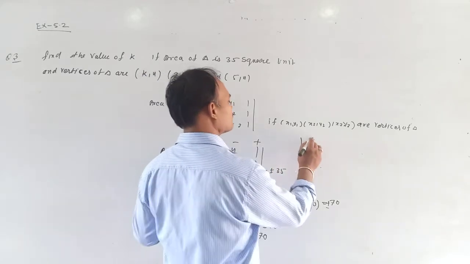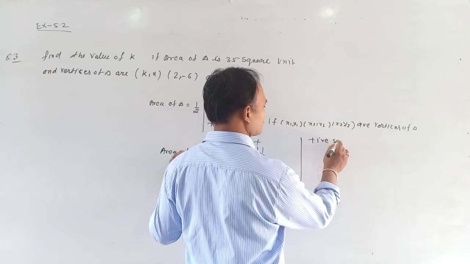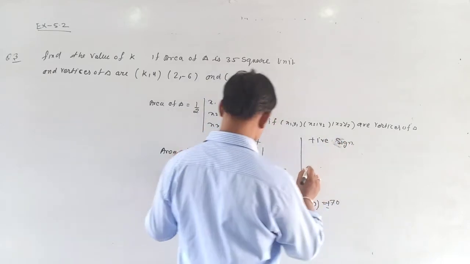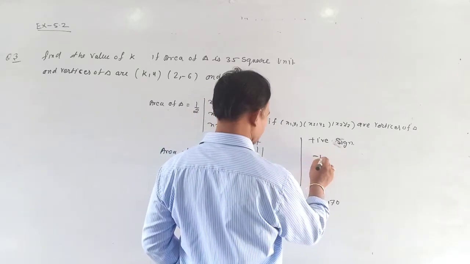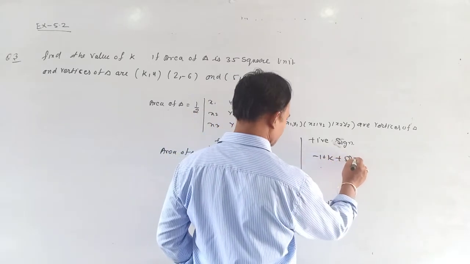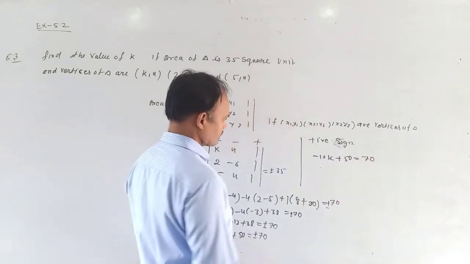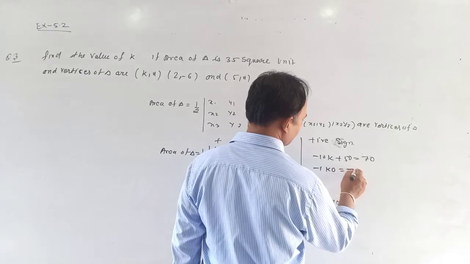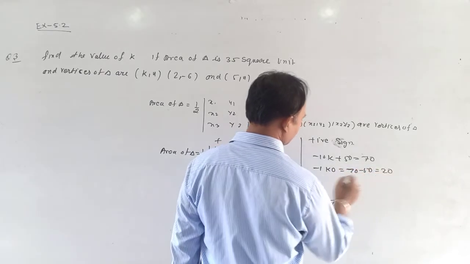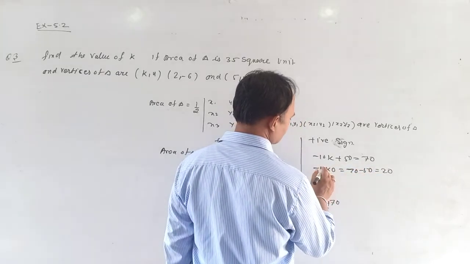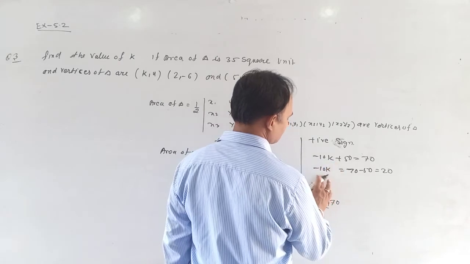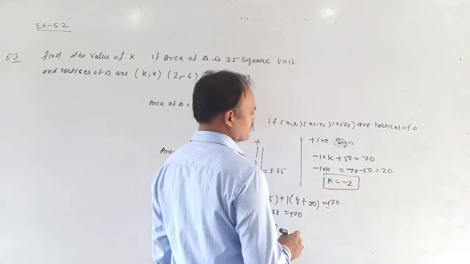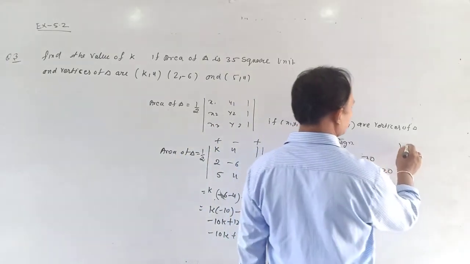Now use positive sign: minus 10k plus 50 equal 70, and minus 10k equal 70 minus 50, which is 20. So k equals minus 2.